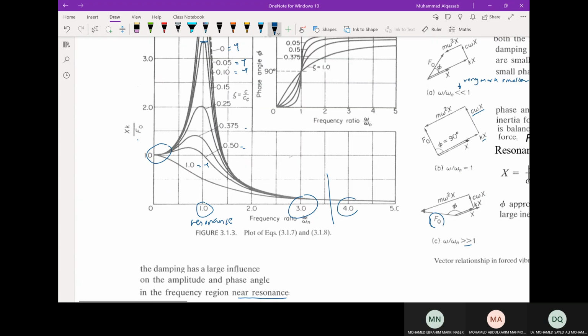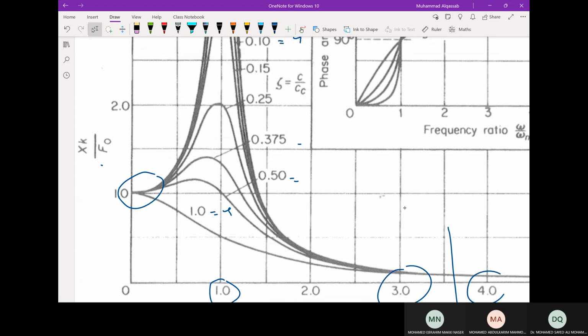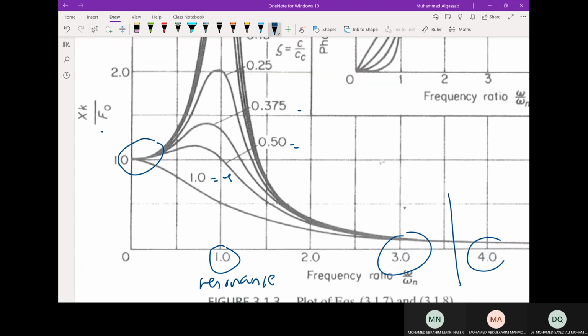We have two things here. The peak, the amplitude ratio has a resonant amplitude. This is, for example, zeta equal to 0.375. This is called resonance amplitude, which means at omega over omega n equal to 1.